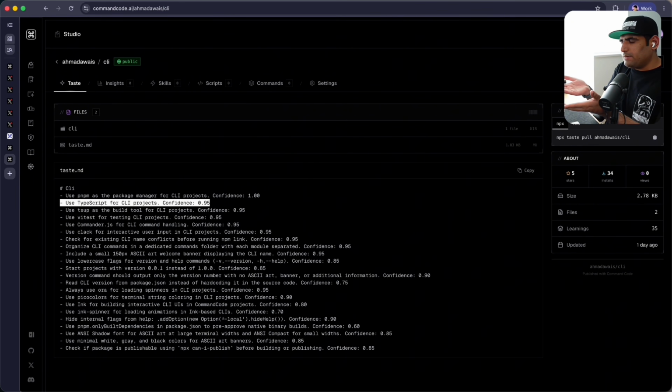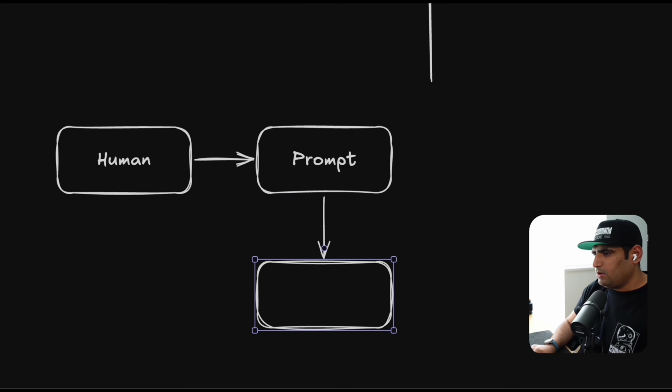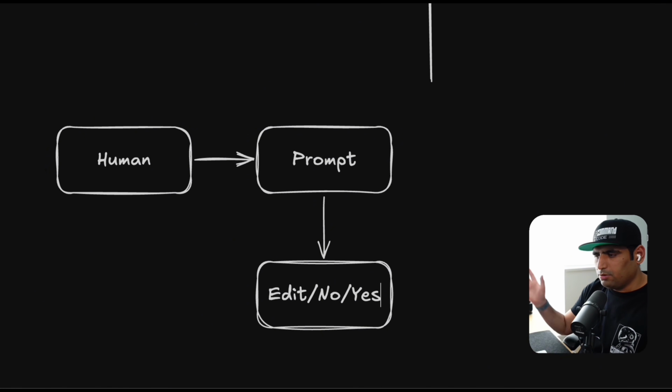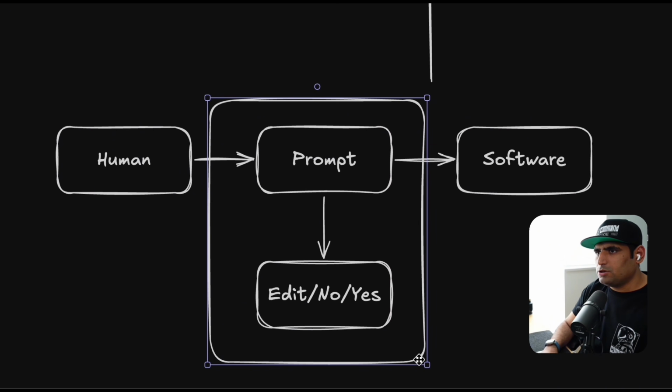I built it because the math was very simple, right? Here's a human developer, and they are probably going to write a prompt, or edit a file, or say, no, this was bad, or say, yes, this was a good tool call, right? And that is going to translate into software, right? In this particular area, I felt this was pretty important.